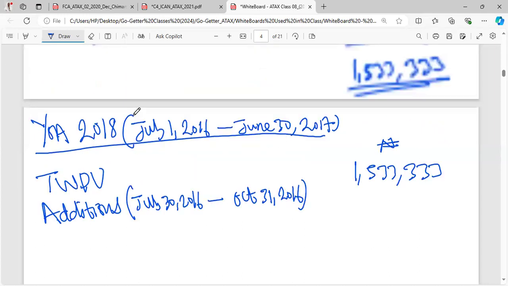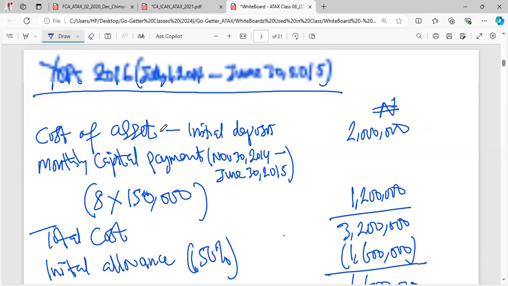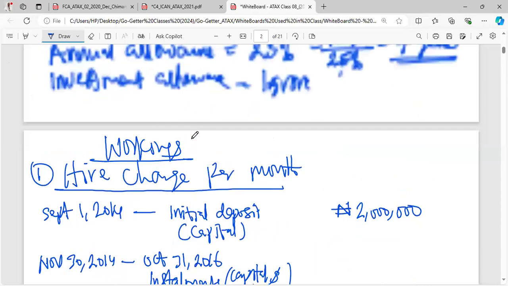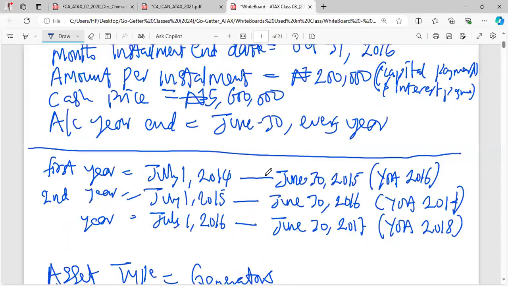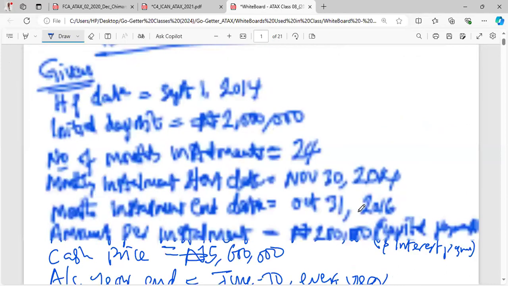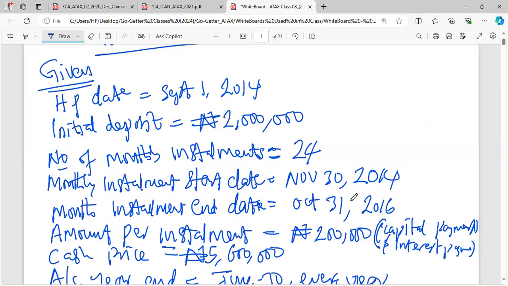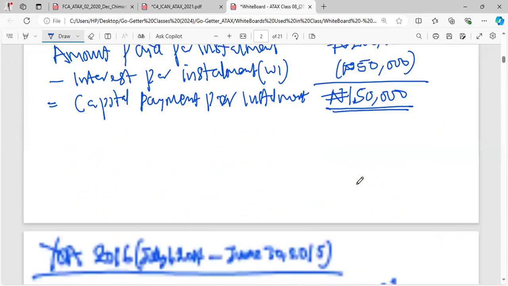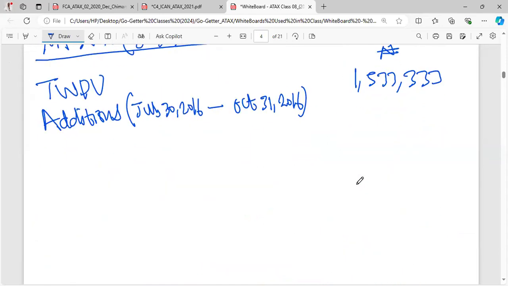Because we said the 24 months ended in October 31, 2016. So you see why these preliminary calculations were important so that you don't miss them. So that's how many months? July, August, September, October, 4 months.